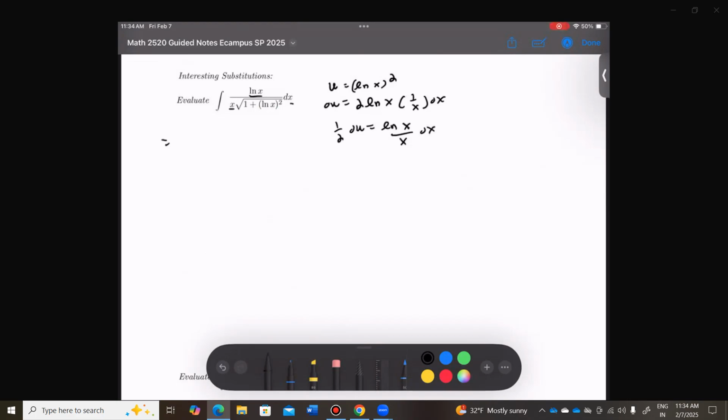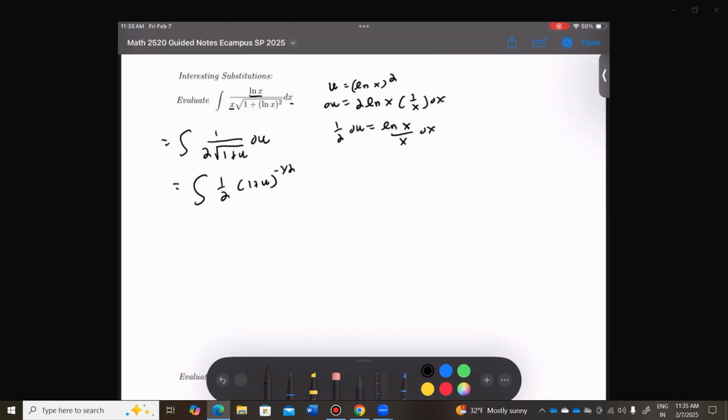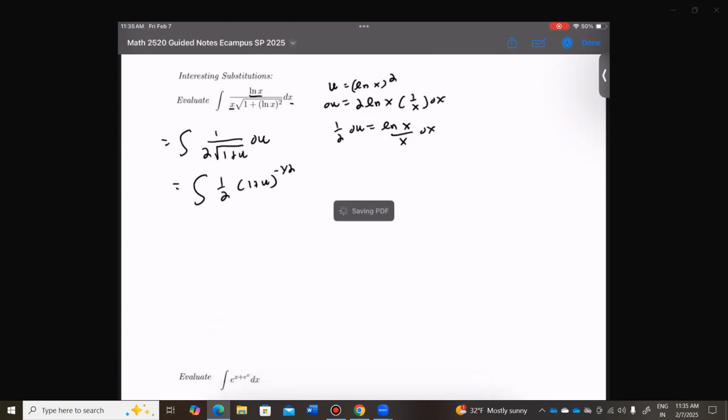So this then becomes 1 over 2 du, and then inside the square root we'll have 1 plus u. I can rewrite this 1/2 times 1 plus u to the negative 1/2 power du.